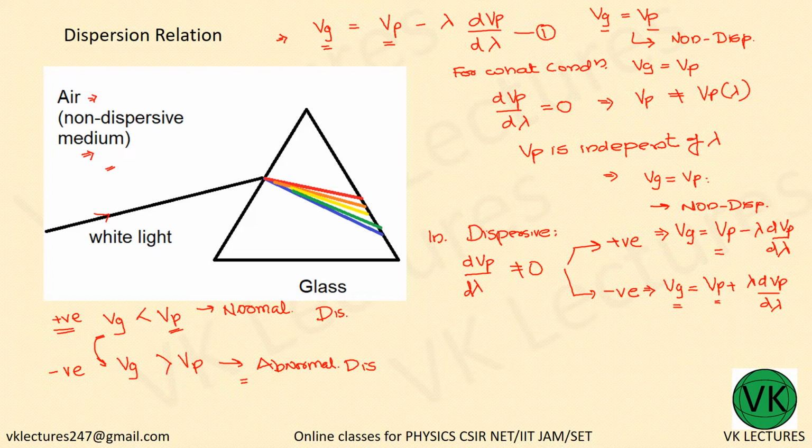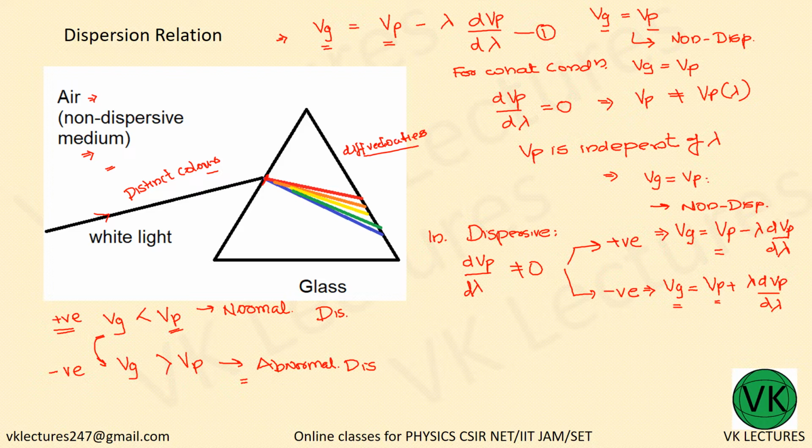Okay, now in this figure there is white light moving through a non-dispersive medium. That is why we are not able to see any distinct colors. Now once it passes through the dispersive medium, all are moving with different velocities. Okay, different velocities.